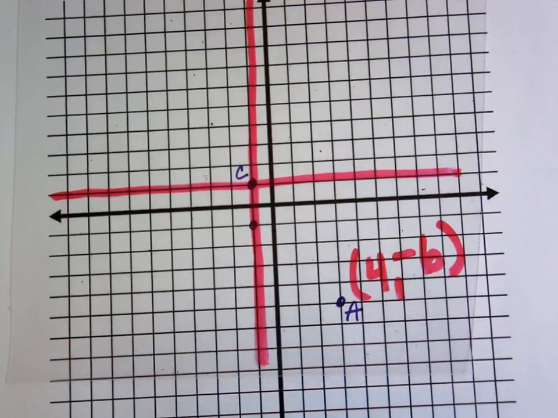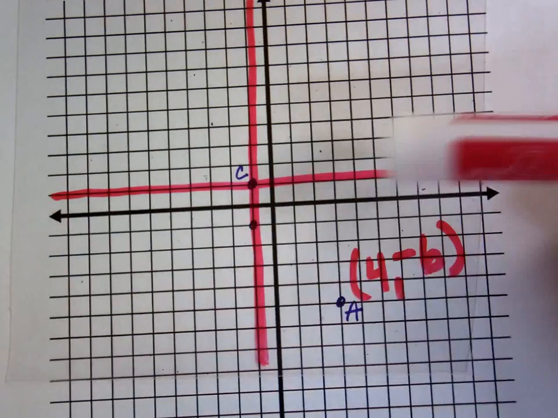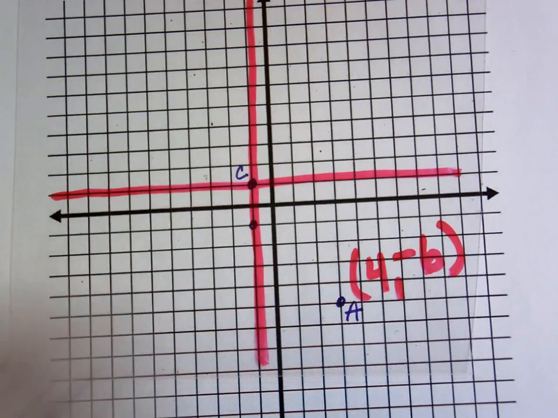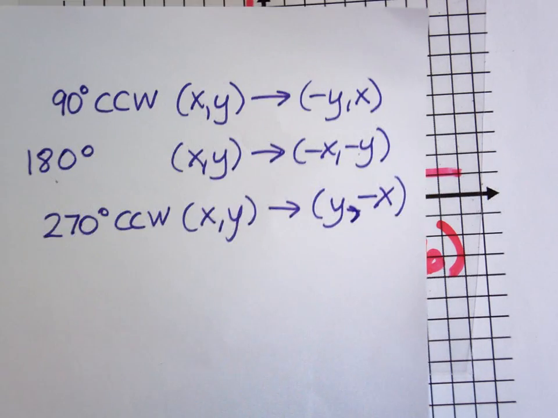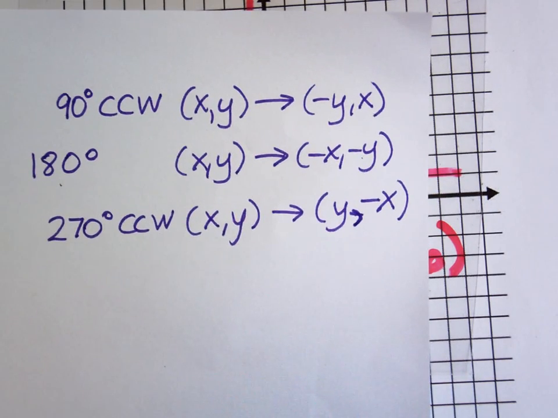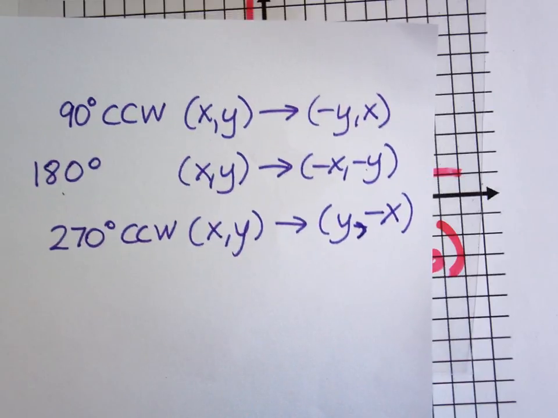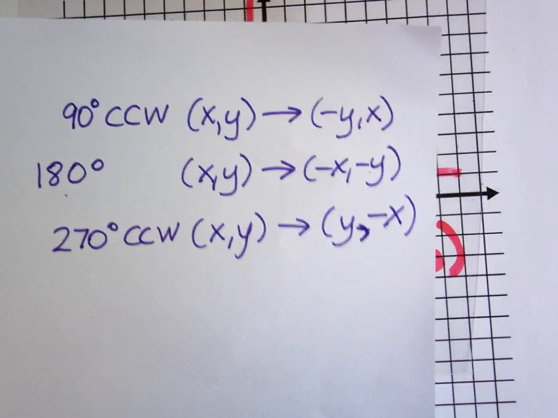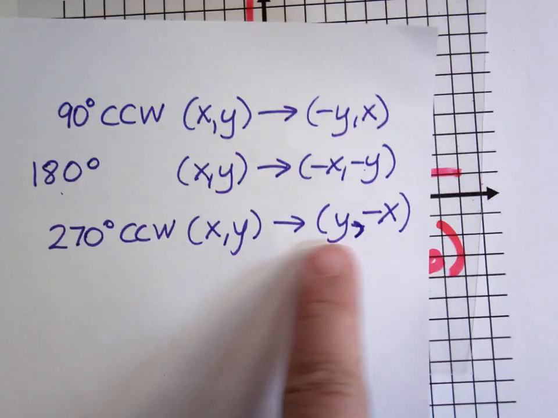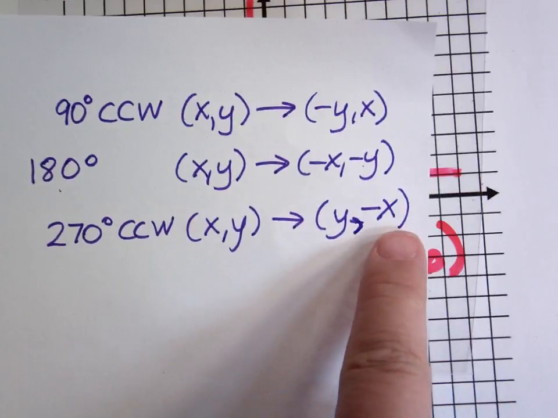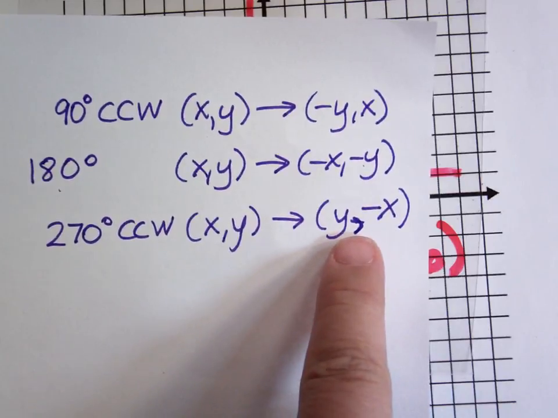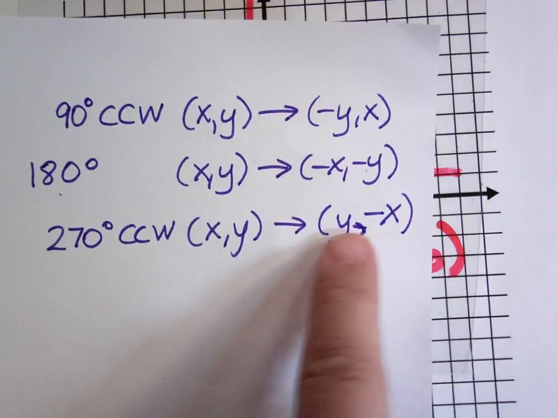Okay, so that would be if my center is the origin, where A is with respect to it. Then I'm going to use the rules that we use when we are rotating about the origin. We're really just pretending my center is the origin. So I use the standard rules for rotating about the origin. If I'm supposed to be going 270 counterclockwise, that means I'm going to do (y, -x).